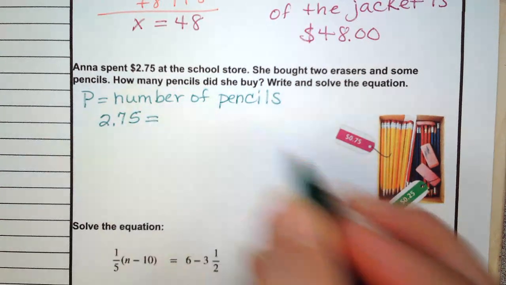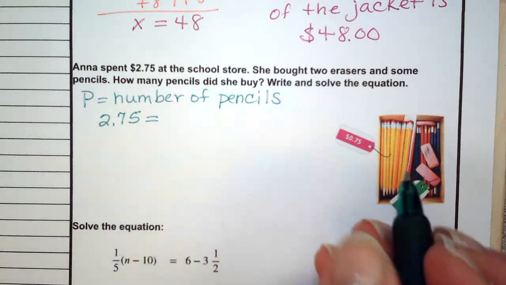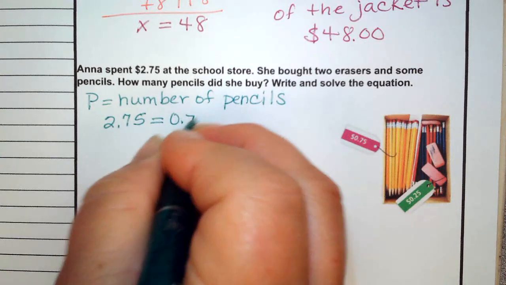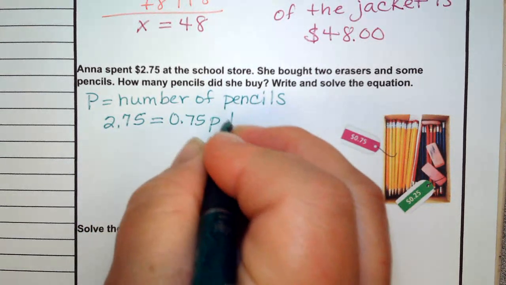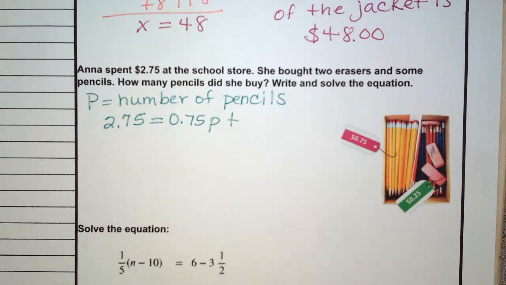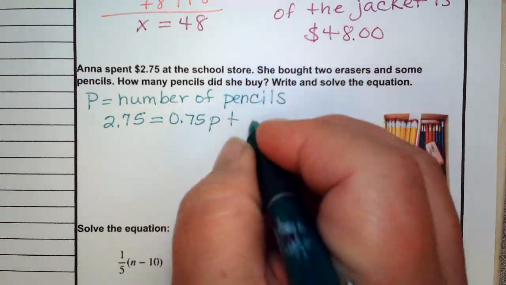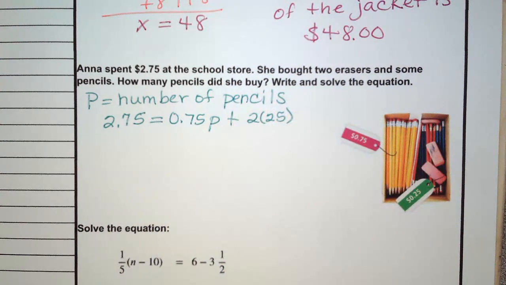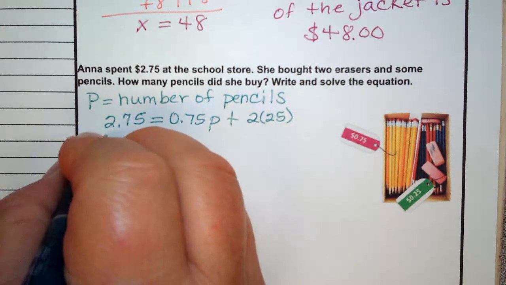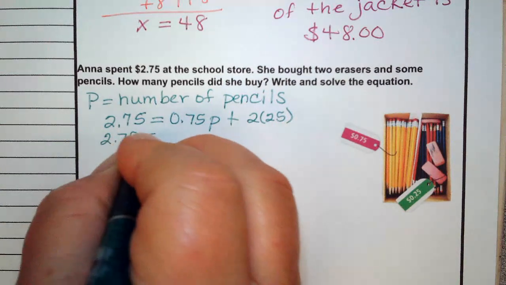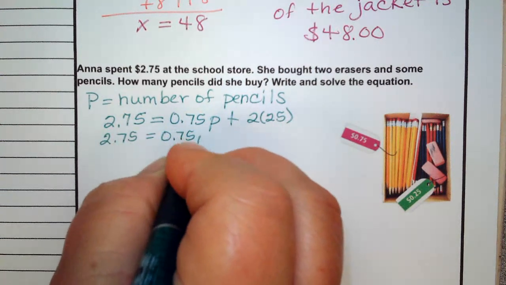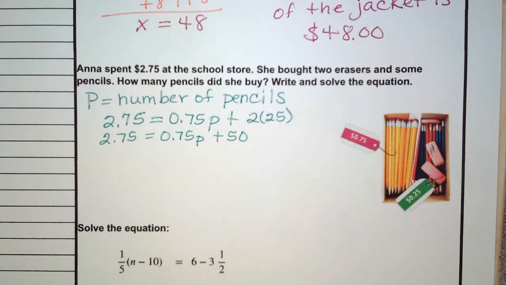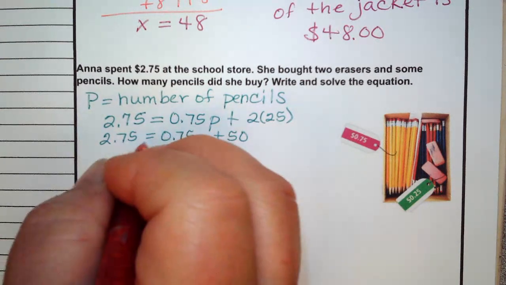With that $2.75, she bought each pencil for 75 cents, so 0.75p plus 2 times 25, so $2.75 is 0.75p plus 50. I'm going to subtract 50 cents from both sides.